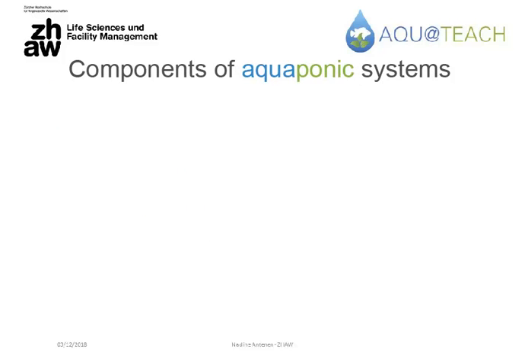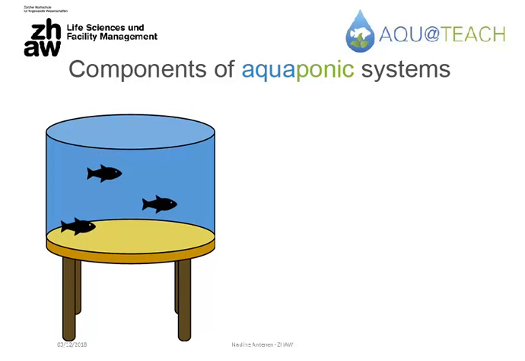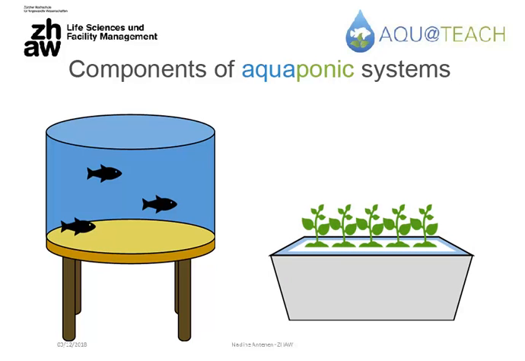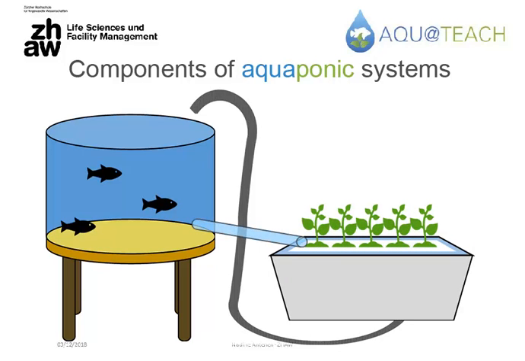There are many ways to build an aquaponic system, but usually they consist of a fish tank, a hydroponic system, and pipes for the water cycle. The excretions of the fish, feces and most importantly ammonia, develop a toxic effect on aquatic life with increasing concentration.